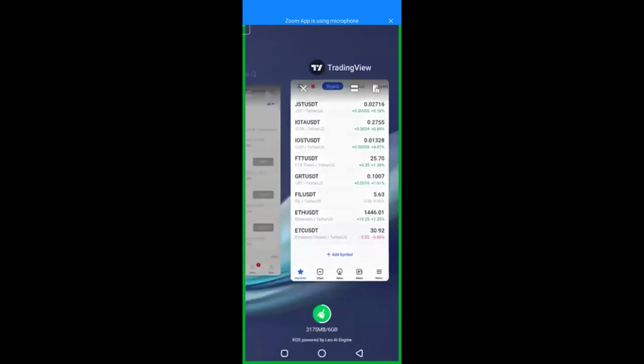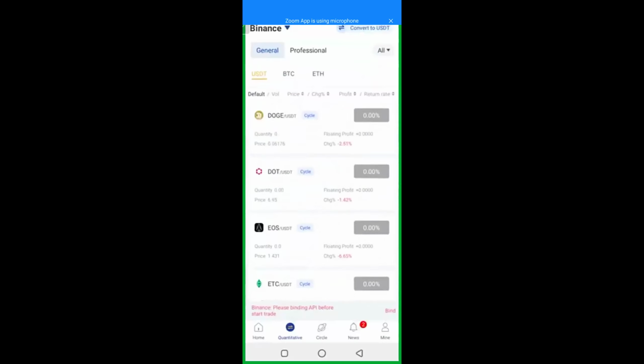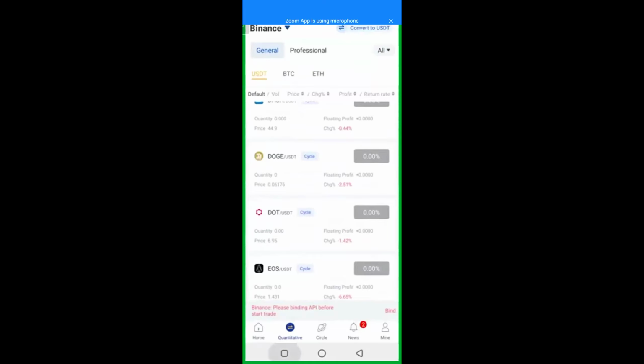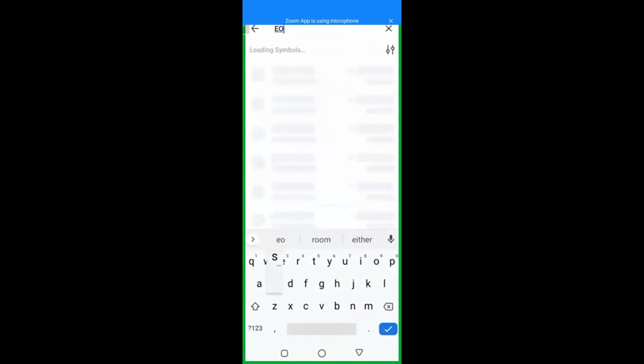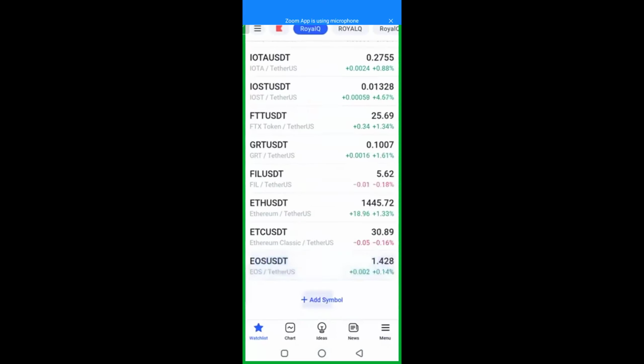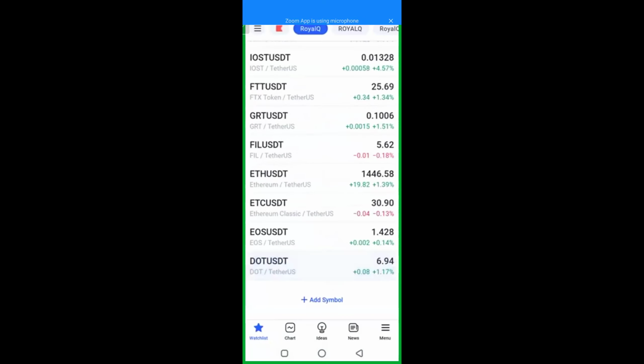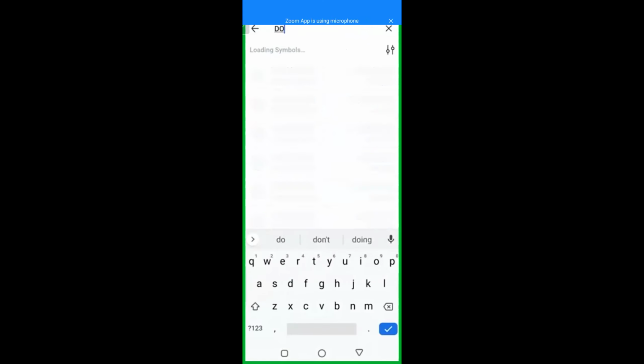All right, so we are still moving on creating EOS, DOT, and Doge. We have EOS USDT. All right, we have DOT USDT. Okay, then we have Doge, the Dogecoin, a meme coin.